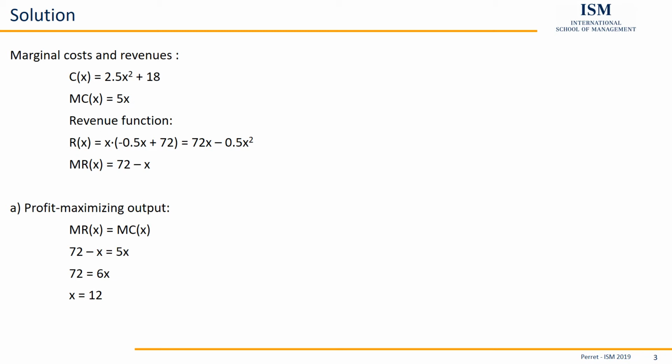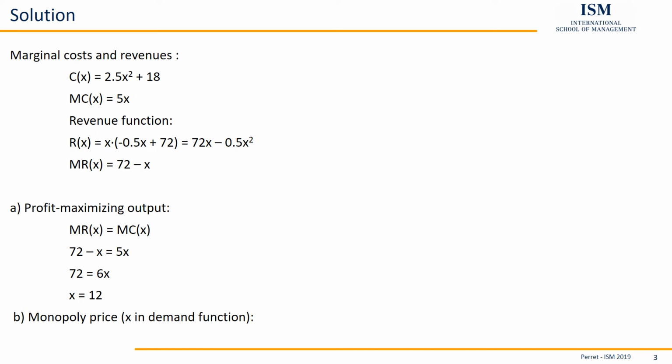Then the next step: for the monopoly price, we take the quantity we just calculated and insert it into our demand function. The demand function, if we recall, was already P equals something. Why do we have to insert this in the demand function? Well, the monopolist first decides how much he should produce to maximize his profit.